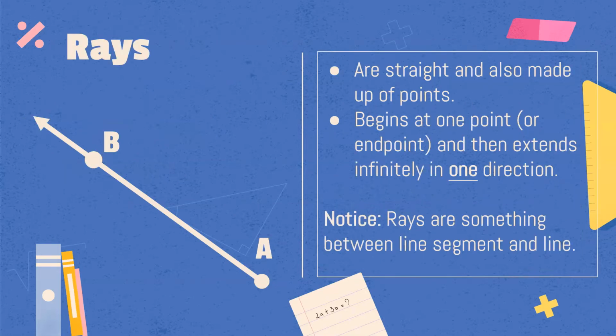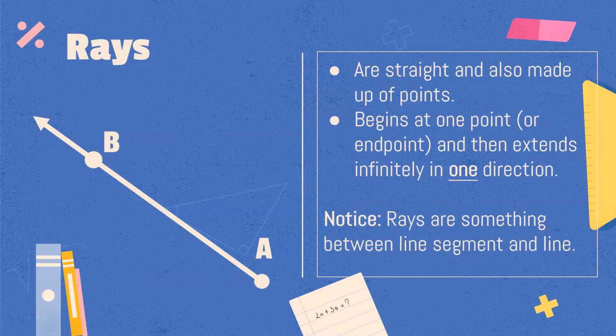So next up we have rays. So rays, just like lines and line segments, are straight and also made up of points. However, rays are kind of a combination between a line and a line segment. So a line, as we know, goes on forever in both directions. And we know that a line segment has a specific start and a specific end.